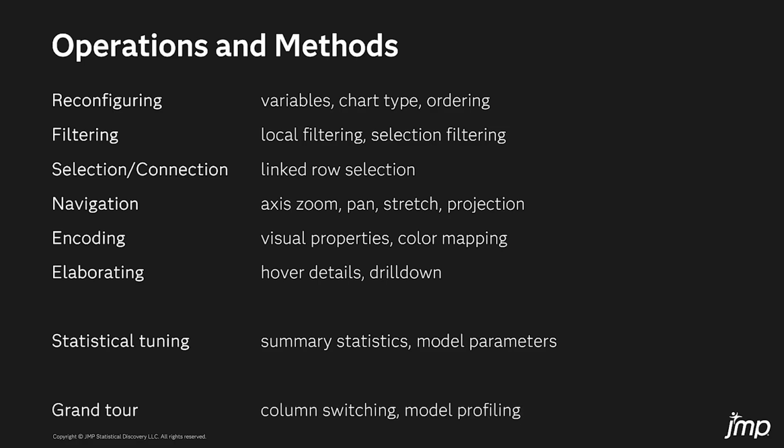And finally, there's also this pre-existing interaction called Grand Tour that I wasn't sure how it fit into their categorization, but I thought it's worth calling out. And we showed that both with the column switching and with the model profiling. So that's a grand tour of animation methods, including Grand Tour.